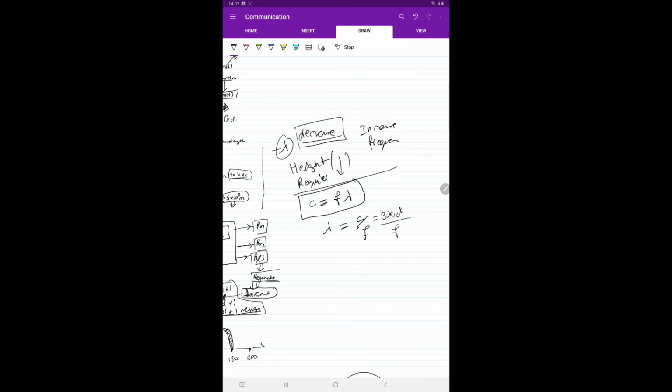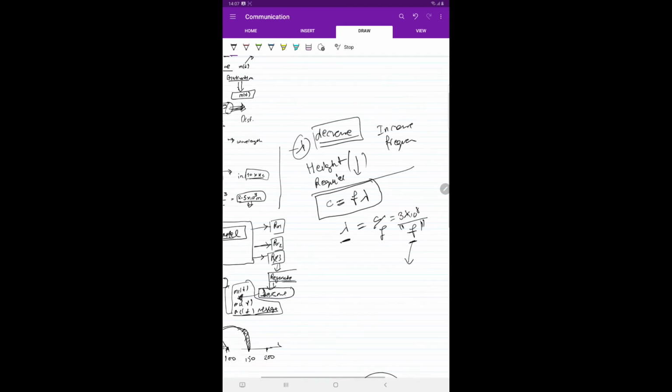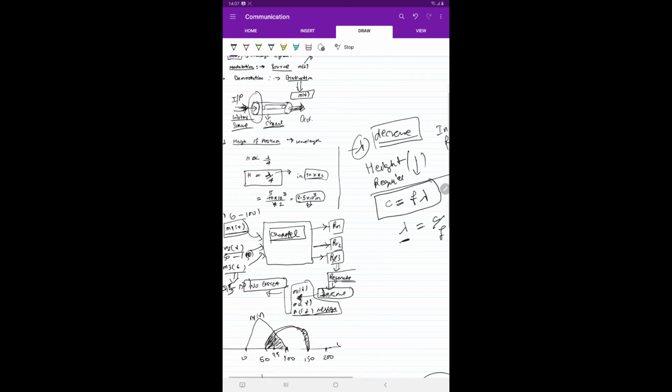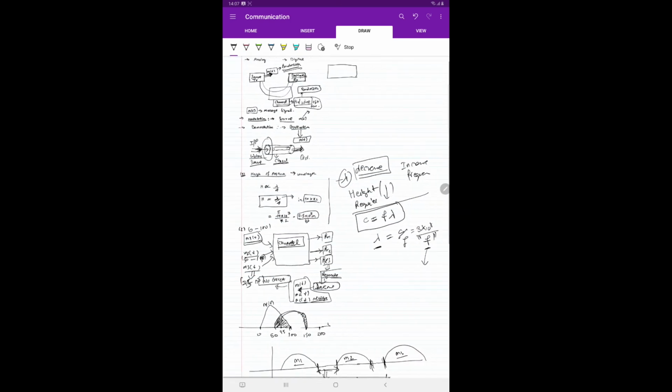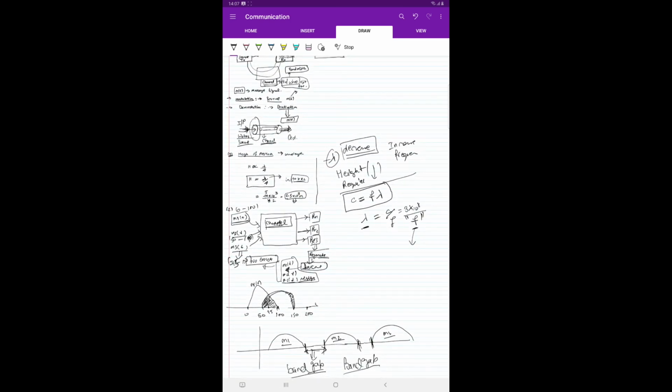We use modulation so that we can increase the frequency, and when we increase the frequency, the wavelength will decrease, and then the height of antenna requirement will also decrease. So in this way we can say modulation is required mainly for two purposes.